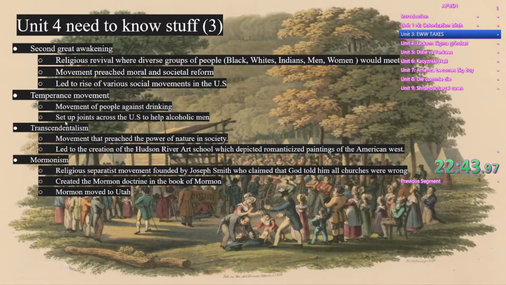For Unit 4, what you need to know: the Second Great Awakening. It was a religious revival. It preached moral religion.